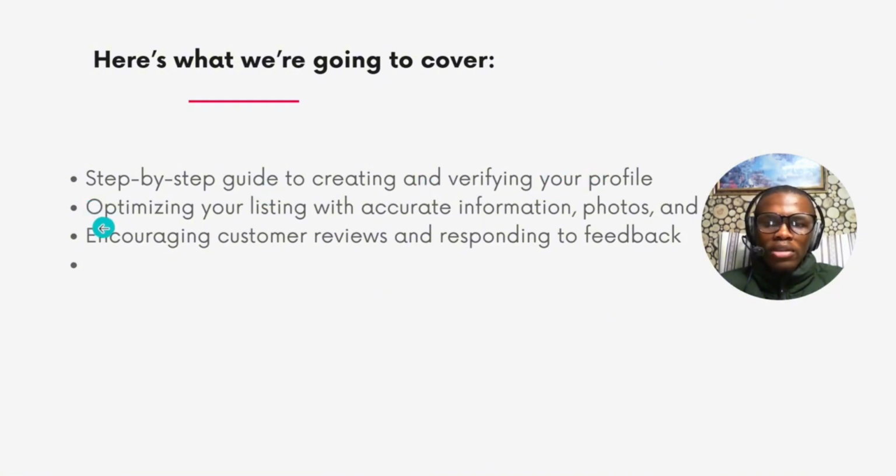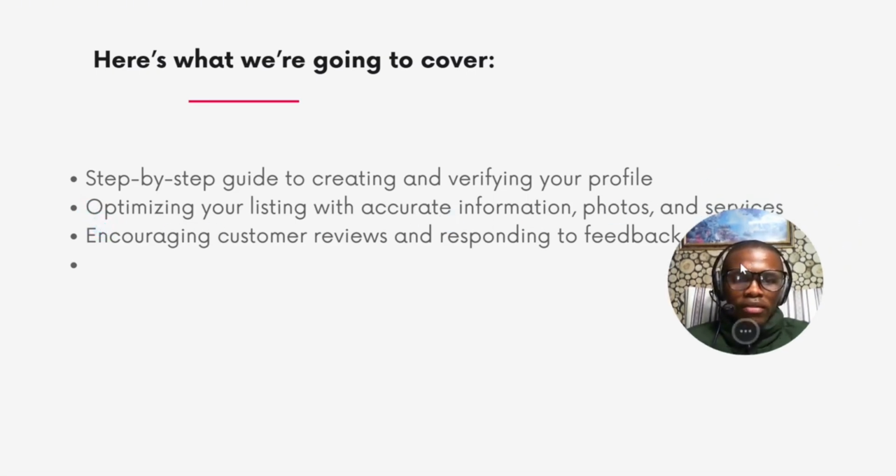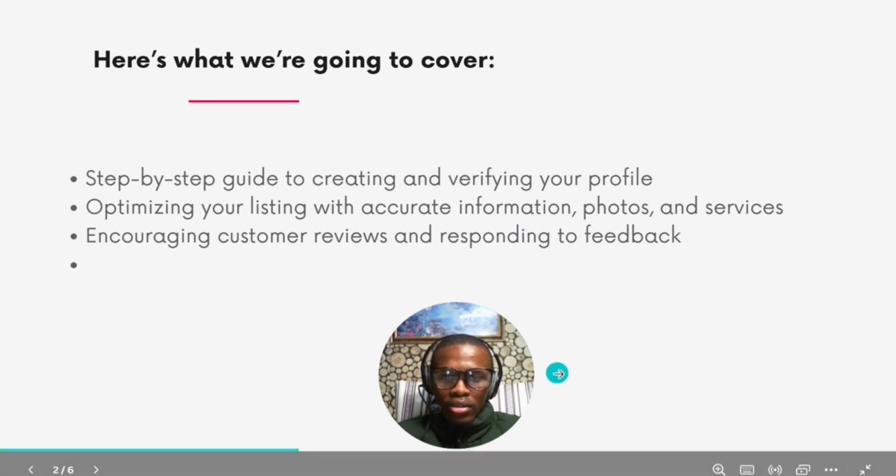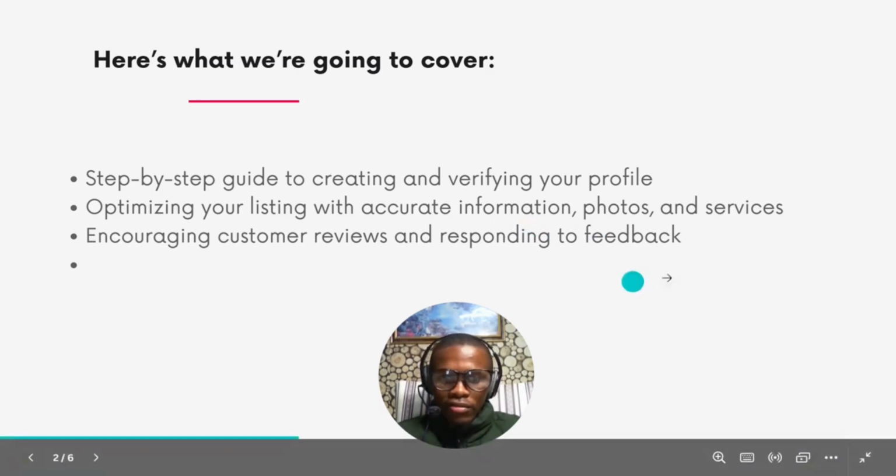We will start optimizing your listing with accurate information, photos and services, right? And then of course we'll get into encouraging your customer reviews, right? And also responding to the feedback that you'll be getting from your clients, right? We'll get into that.